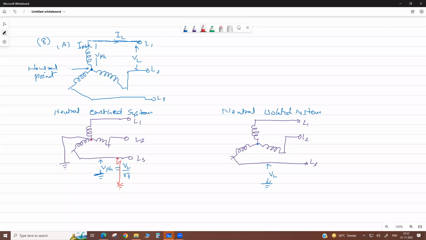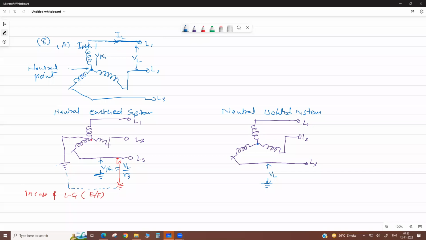Suppose L3 comes in contact with the ground; this is called a line to earth fault, or line to ground fault. So it makes a closed path through your neutral grounded system like this.